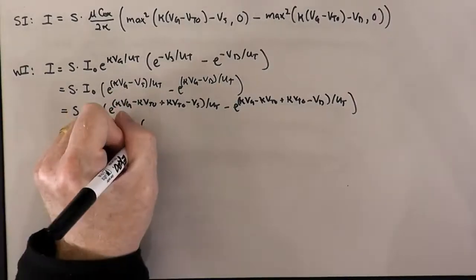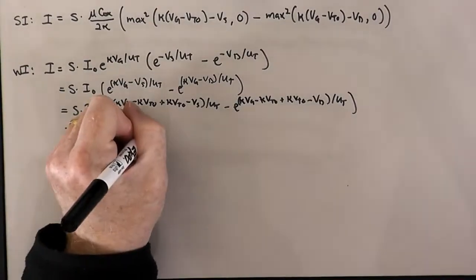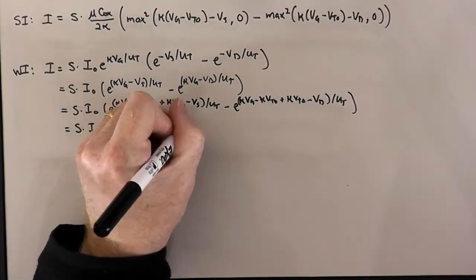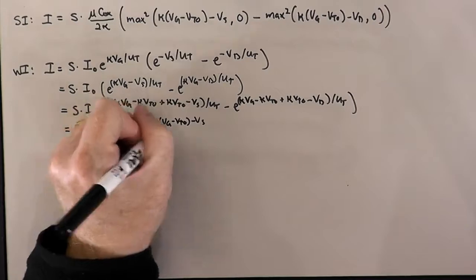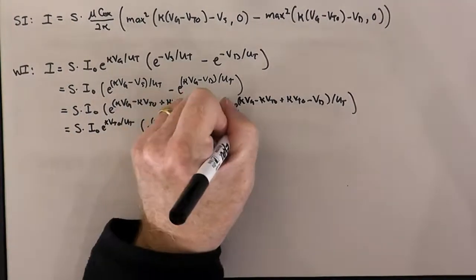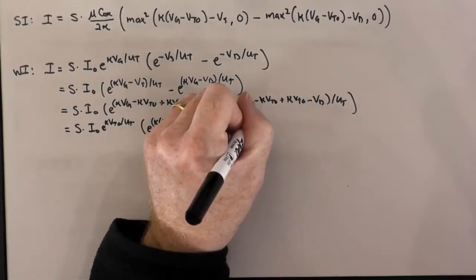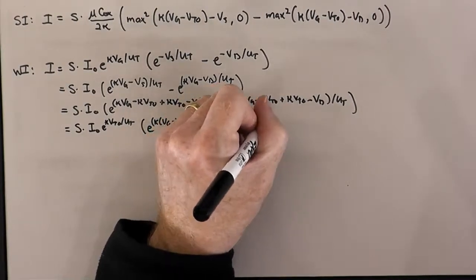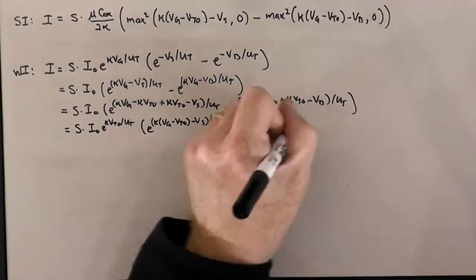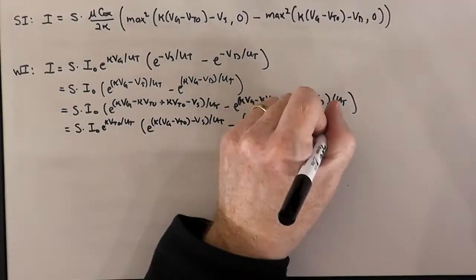And what we're left with would be e to the kappa Vg minus Vt0 minus Vs over Ut minus e to the kappa Vg minus Vt0 minus Vd over Ut.